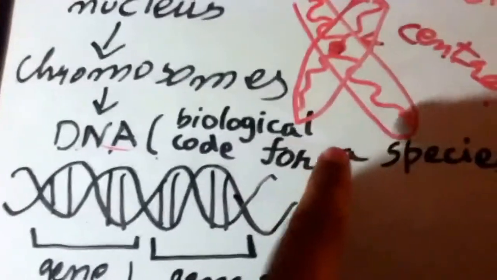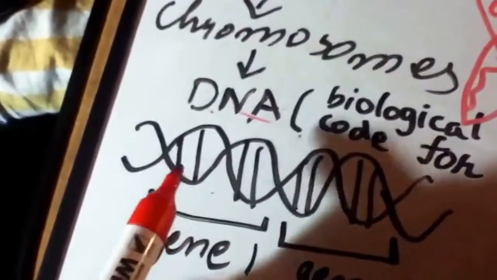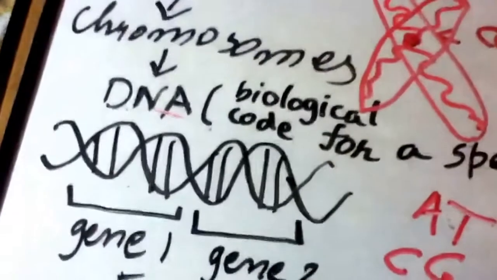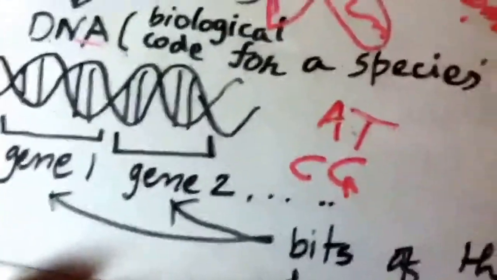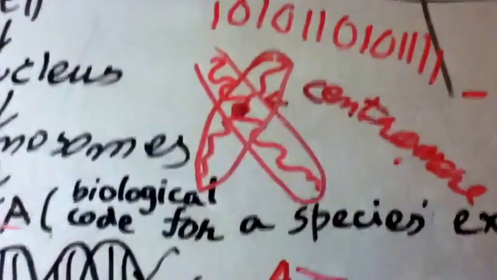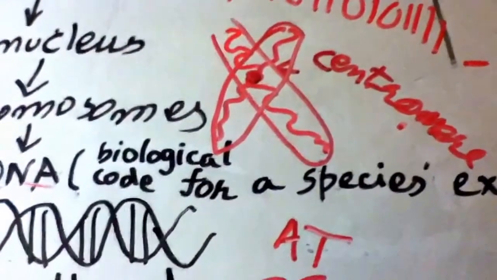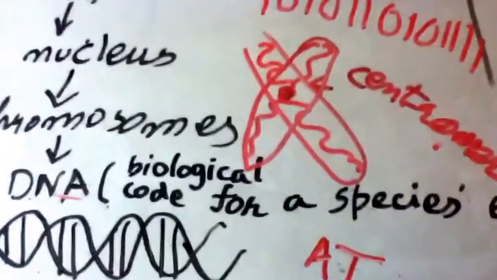And DNA is the biological code for species existence. So this is what I mean when I say these 1011000 things. A DNA has the specific sequence of codes of the ATCG bonds, and the sequence is analogous to a computer code, and it's the same for every species.